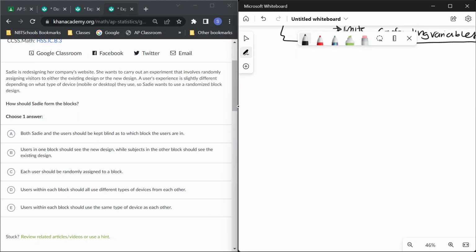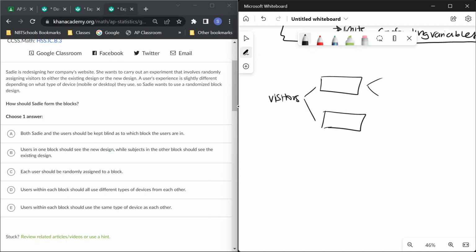Okay, let's look into this. Sadie is redesigning her company's website. She wants to carry out an experiment that involves randomly assigning visitors. So we're assigning visitors to either the existing design or the new design. But she wants to carry out a randomized block design. So meaning she's separating the visitors into two variables, which we don't know yet because I haven't read the answer choices.